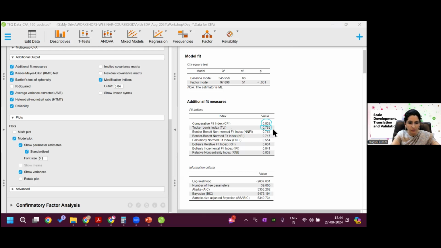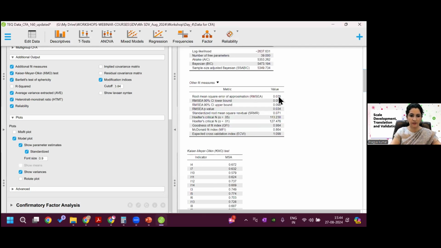Now I'll come down and you can see the other fit measures. We talked about the root mean square error of approximation. The value should be less than 0.08. Its absolute value is less than 0.08, but the upper bound is more than 0.08, it is 0.98. You still have to report this.